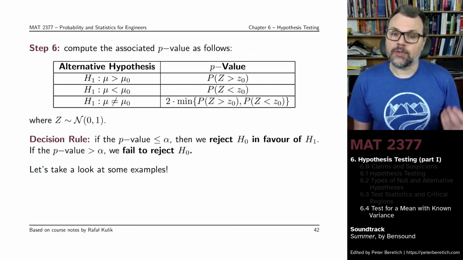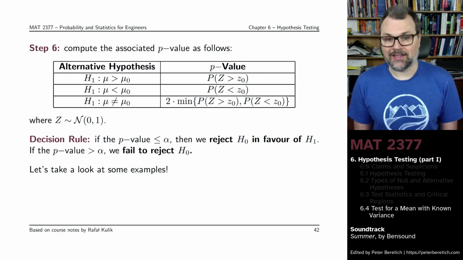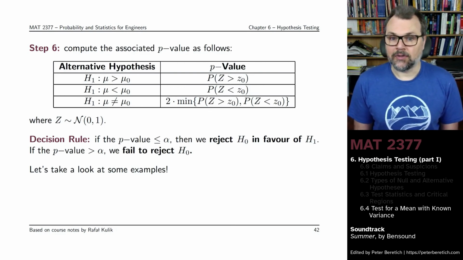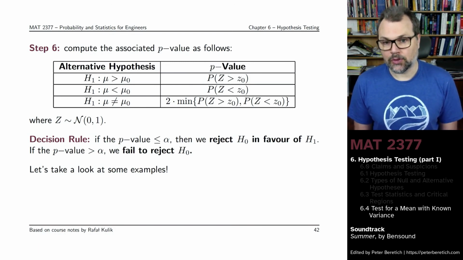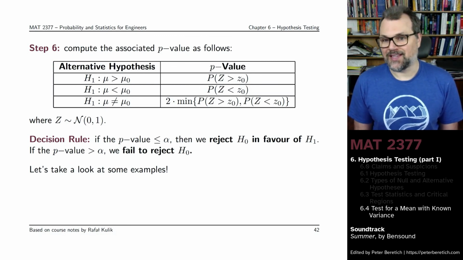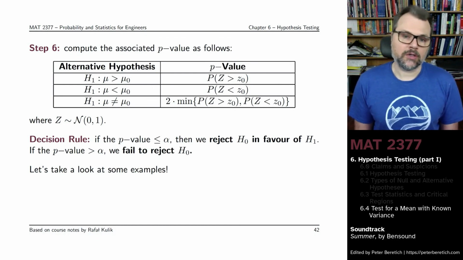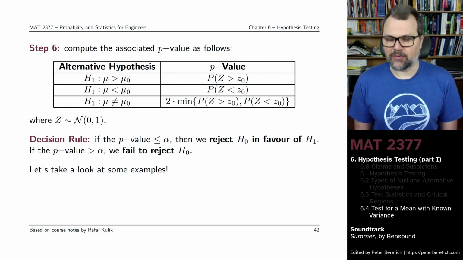And then you compute the associated p-value. If you're looking at a right-sided test, then you're looking for the probability of Z being greater than your observed Z0 score. If it is a left-sided test, then you're looking for the probability of Z being smaller than the Z0 score. And if you are looking for a two-sided test, then it'll be twice the minimum of these probabilities.